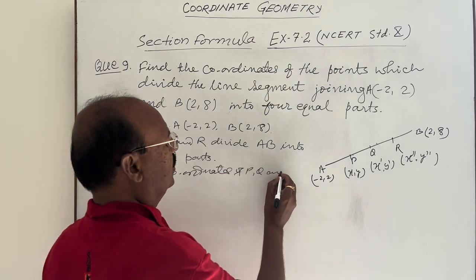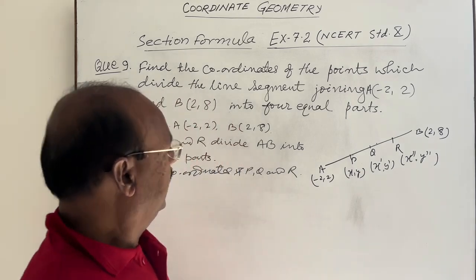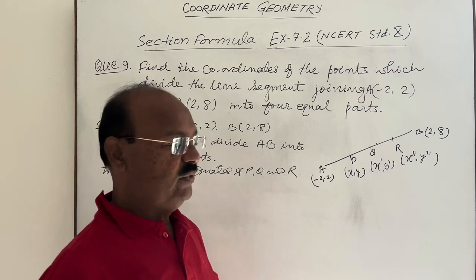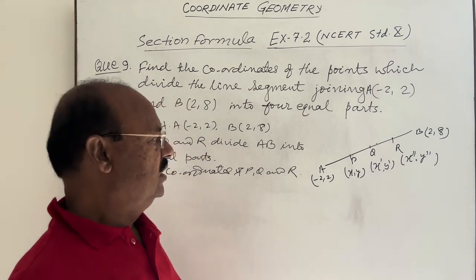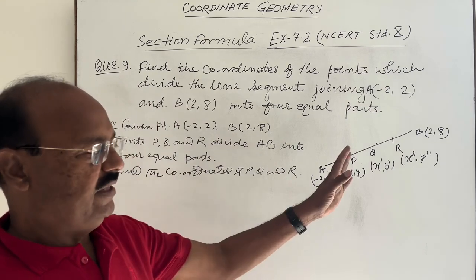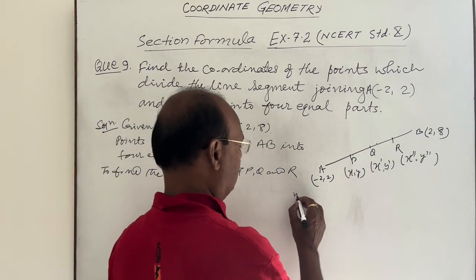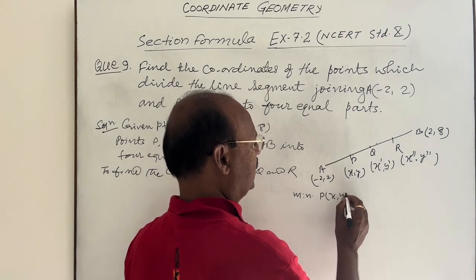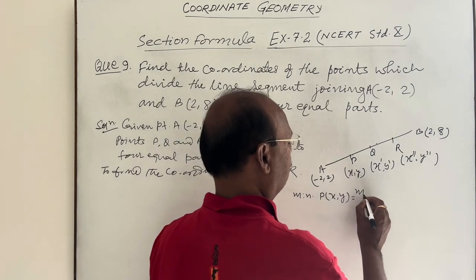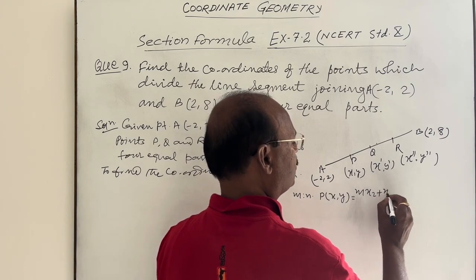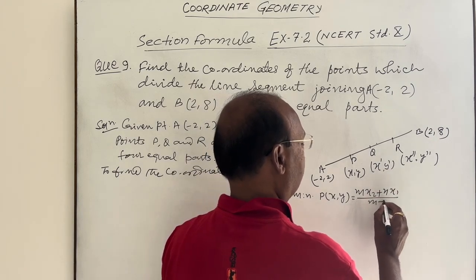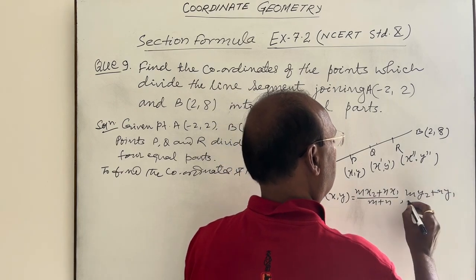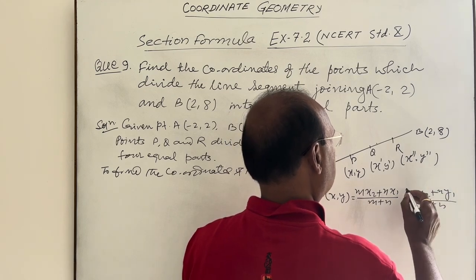P, Q and R. For finding these coordinates, we can use the section formula, which we have discussed in previous videos. If a point divides AB in the given ratio, suppose m:n, then point P will have coordinates (x, y) equal to, this is the section formula, (mx2 plus nx1) divided by (m plus n), and (my2 plus ny1) divided by (m plus n).